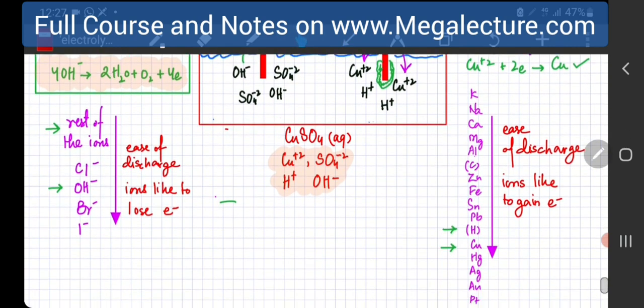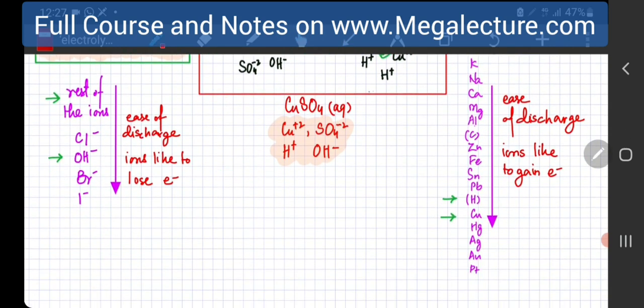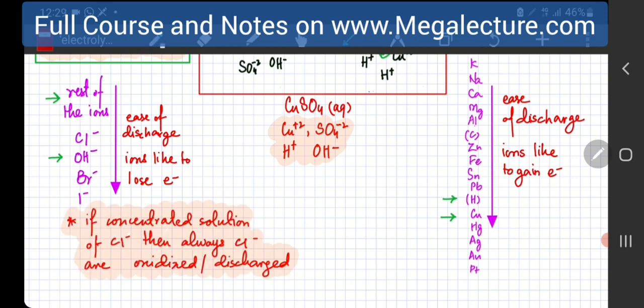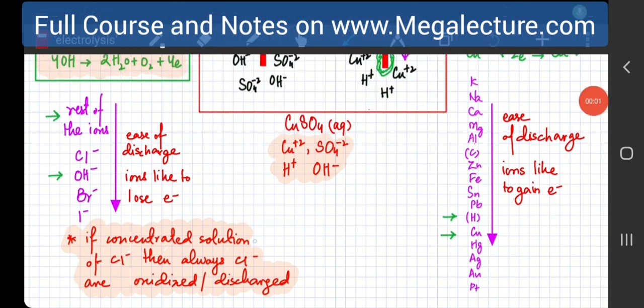Another thing that I would like to add over here is that there is one tiny exception for Cl minus 1 ions. So that exception is that when you're talking about ease of discharge, who's going to lose electrons, if you've got a solution, that's an exception. Remember that. So let me restate what the exception is.